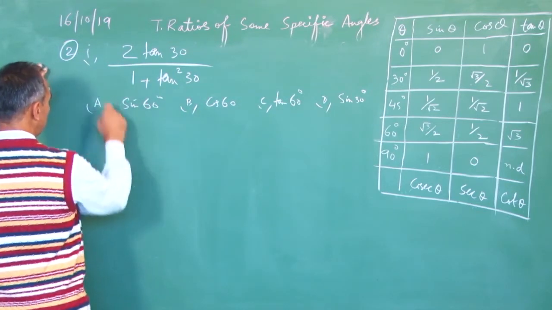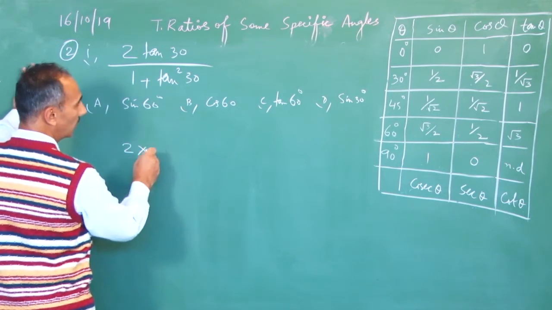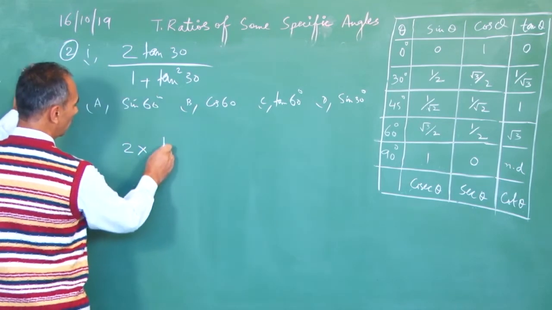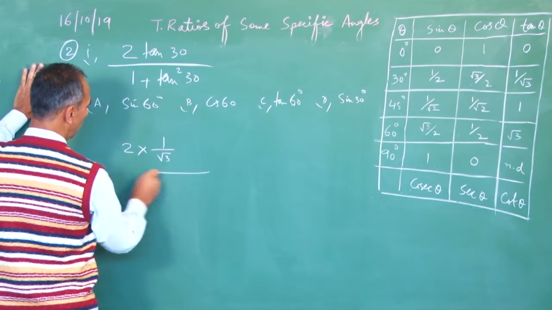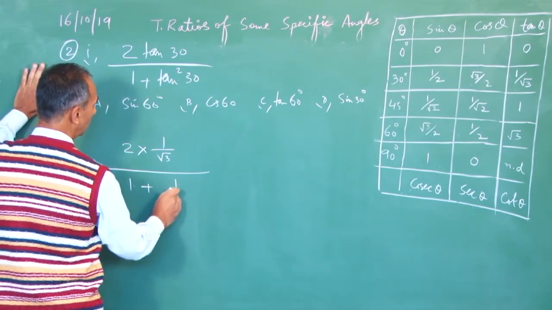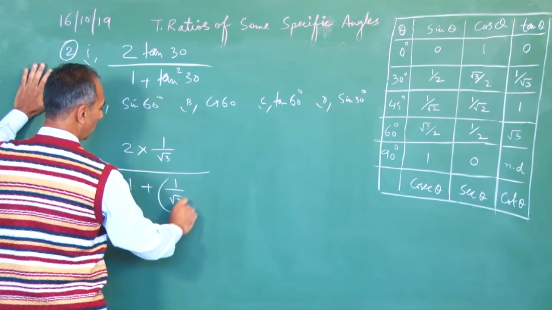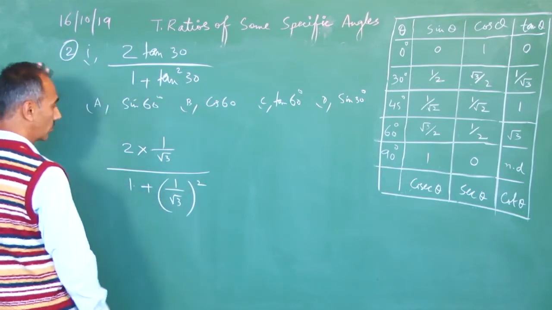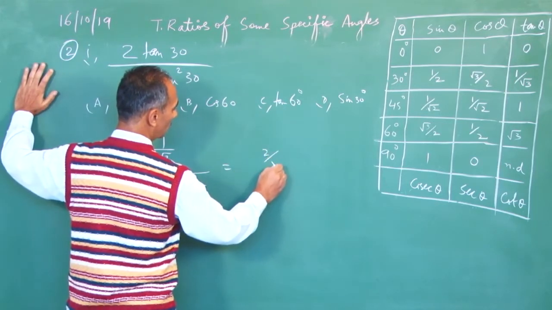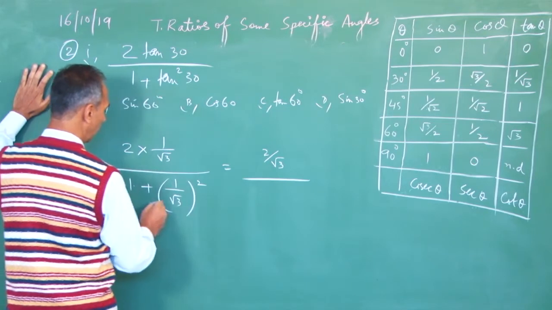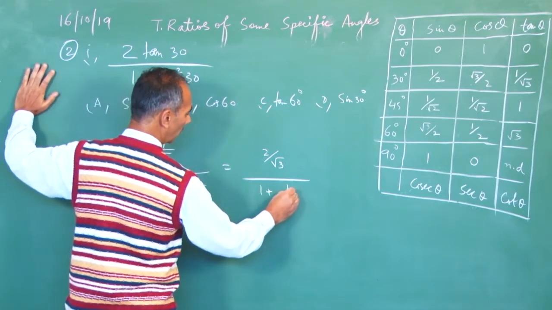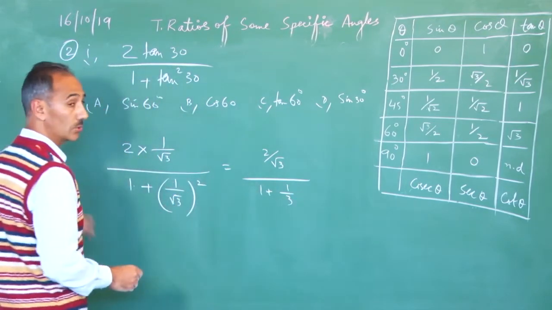So I will take this expression, 2 tan 30 tells me it's 1 upon square root 3, divided by 1 plus tan square 30. That means 1 upon square root 3 whole square. This is nothing but 2 upon square root 3 divided by 1 plus 1 upon 3. Root 3 square is 3.